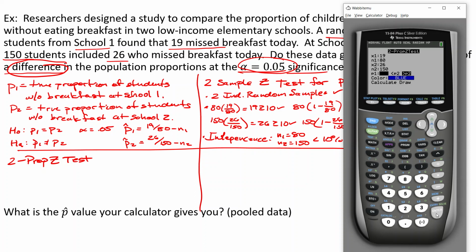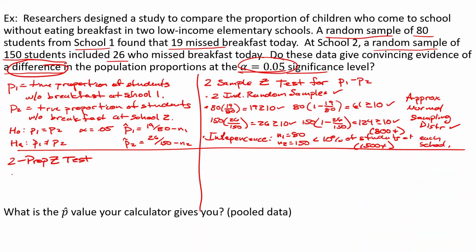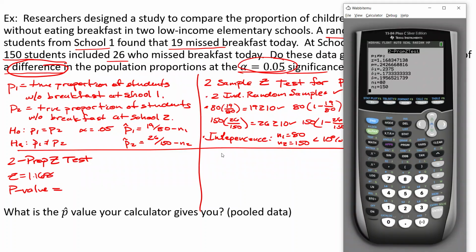All right, we want to see if they are not equal to each other. And we want to calculate. And make sure we write down our Z and our P for sure. So 1.168 is our Z. And our P value. Notice I write the word value here, guys. I've seen some of you haven't been writing it. Just write it. It helps you keep it straight from P. 0.24.